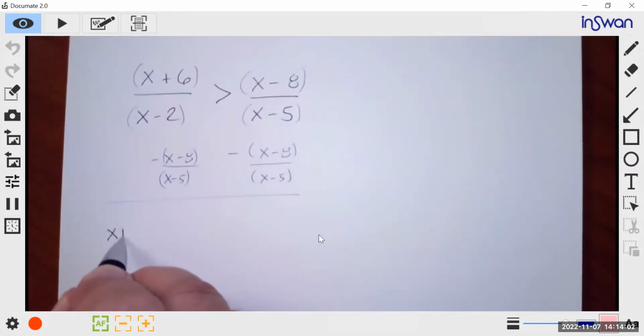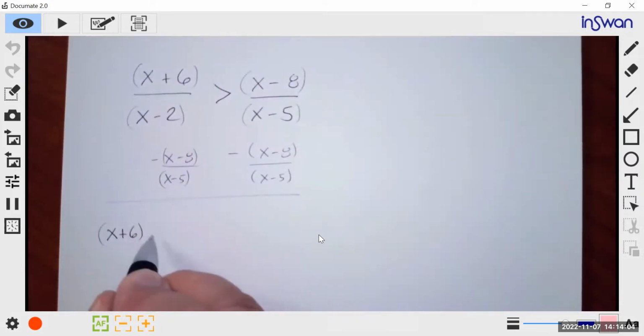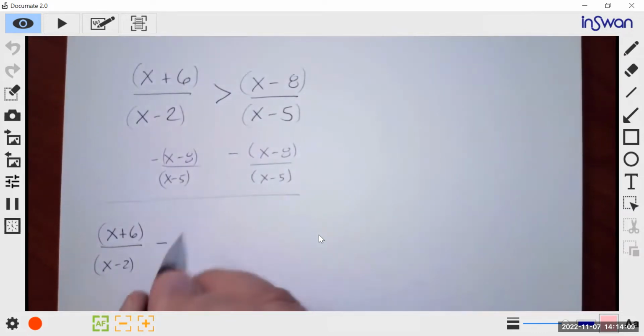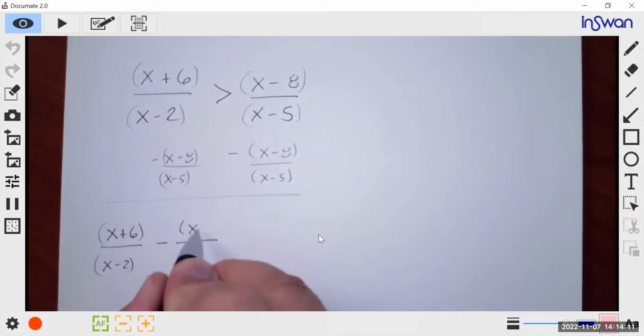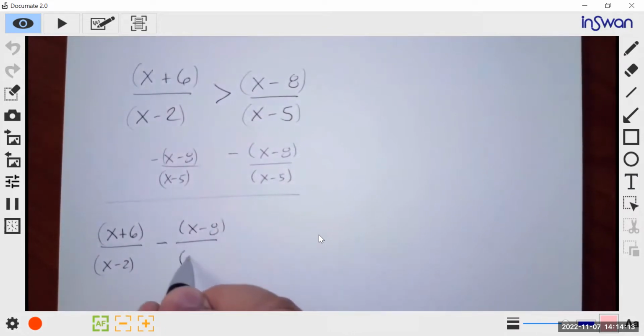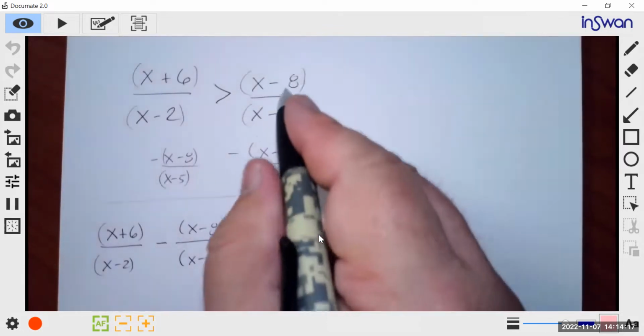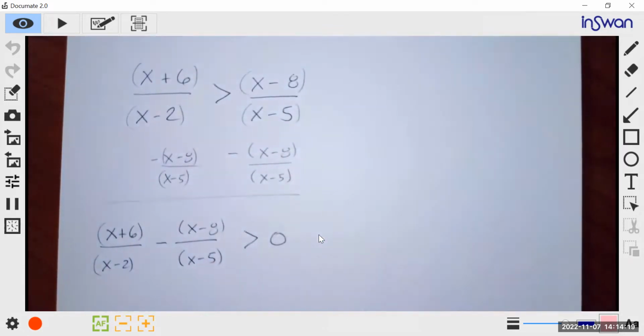So we have (x plus 6)/(x minus 2) minus (x minus 8)/(x minus 5) greater than, those cancel, 0.